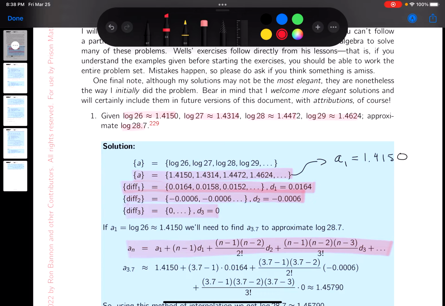You have to start asking, what are they asking for? What they're asking for is, you have to realize that this A1 is really the log of what number? 26. All right? So that's what A1 is.